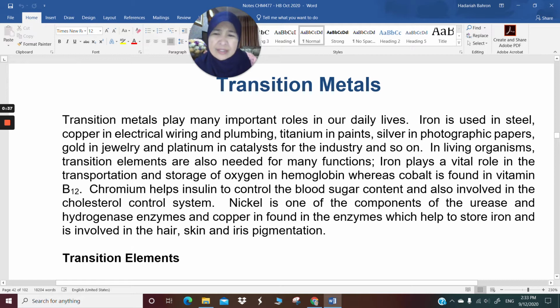Of course, we have iron, copper, titanium, silver, gold, platinum, and so on and so forth. Some are being used as our daily items in the house or at work. Some are being used for catalyst. Some are being used for medication, and so on and so forth.